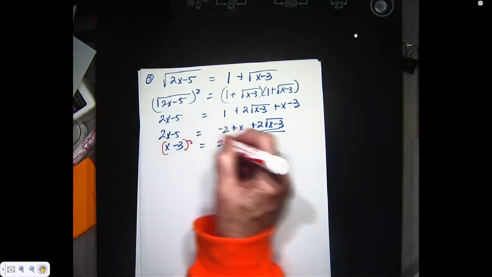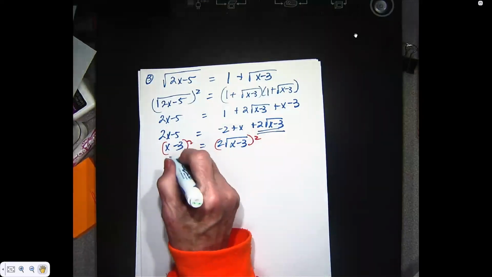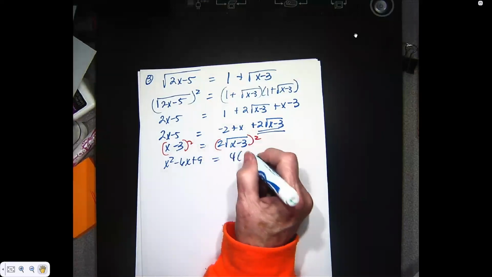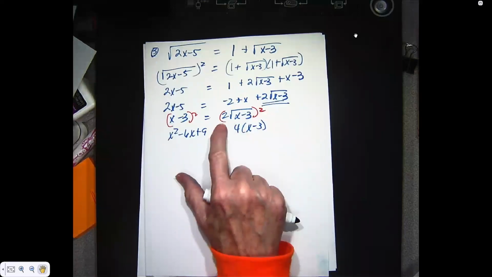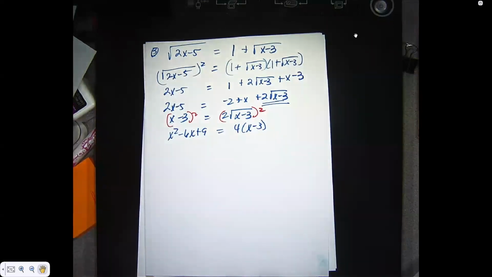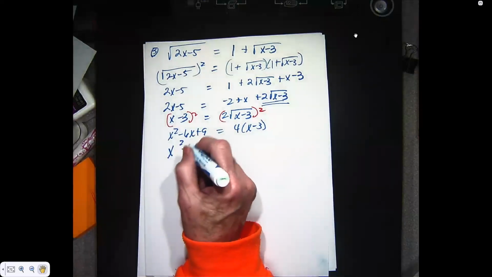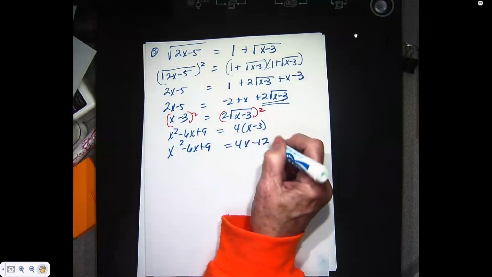So again, we're going to square both sides. So x squared minus 6x plus 9 is equal to 4 times x minus 3. Don't forget that you need to put that together with the 4. So x squared minus 6x plus 9 equals 4x minus 12.